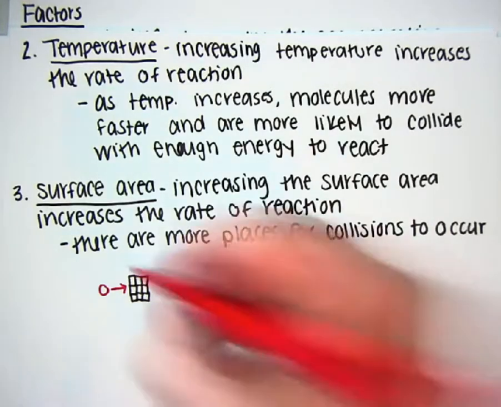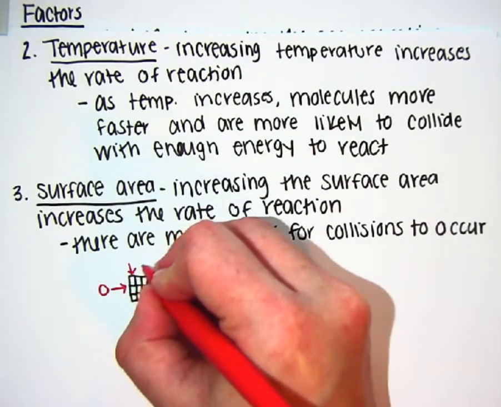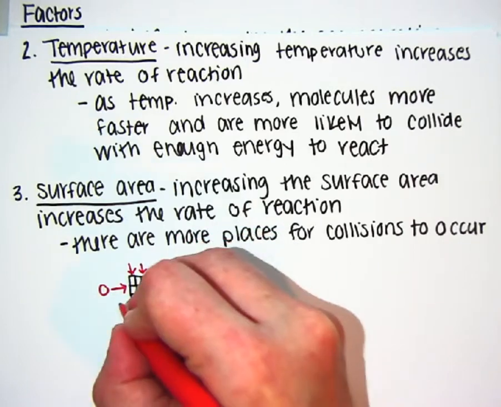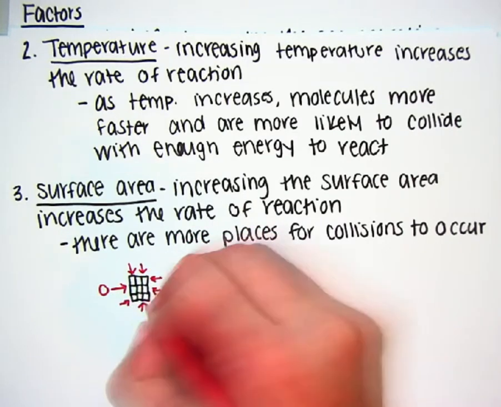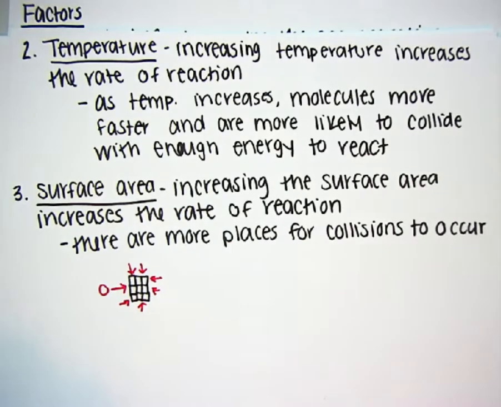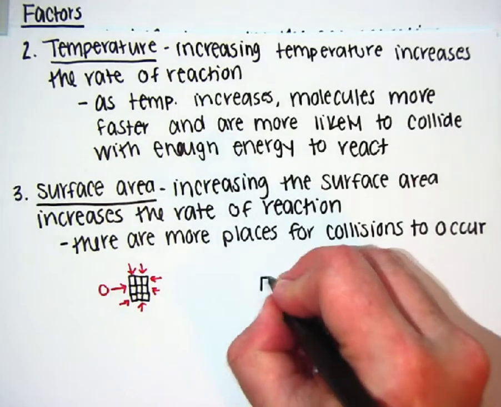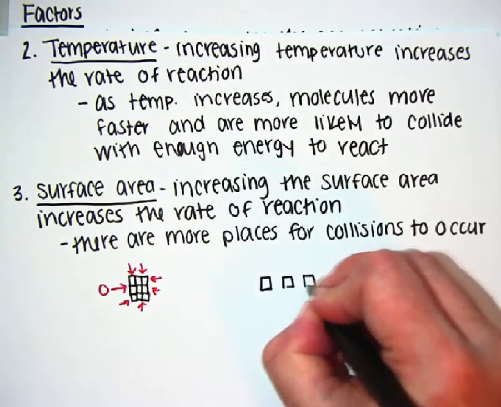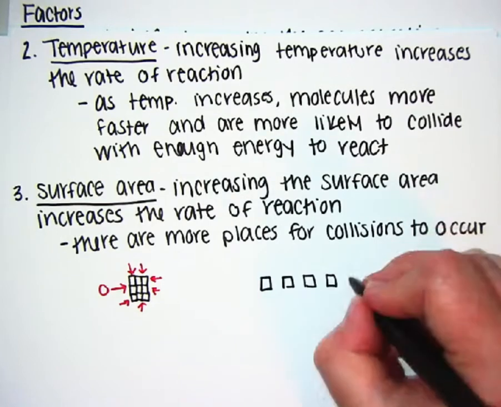Well, only these molecules that are on the perimeter are able to have collisions. So let's say we now take that piece of metal or that compound or whatever it is, and we were to increase the surface area.